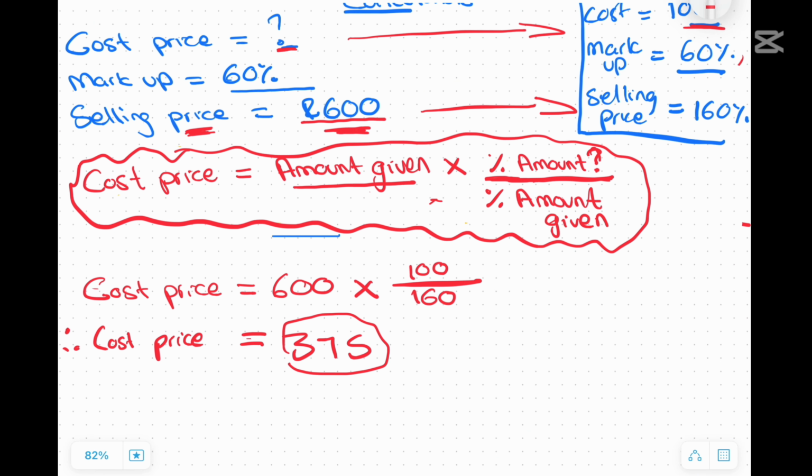So now we have found our cost price, which is now 375. So it means now this business pays 375 from their supplier for each calculator. They add 60% to the cost price as their profit, and then they sell it for 600 rands.